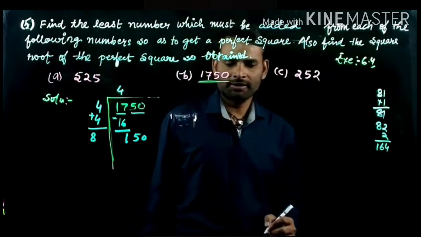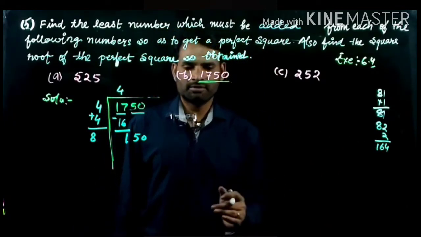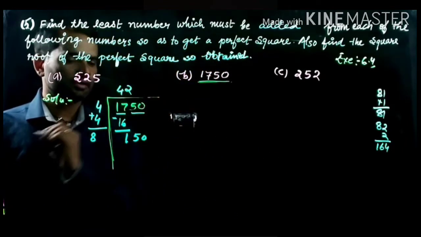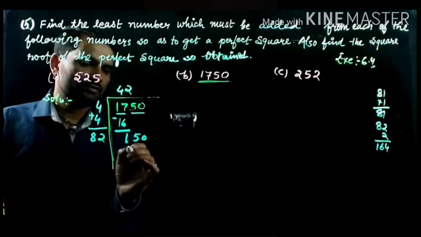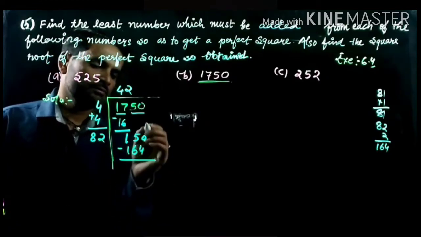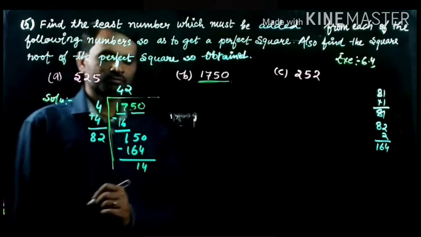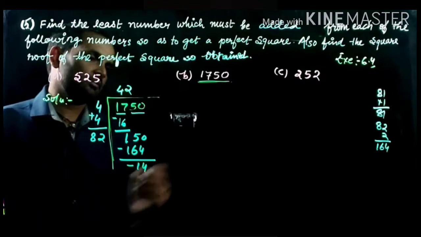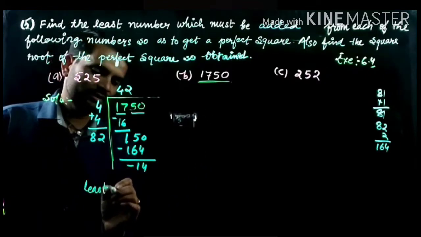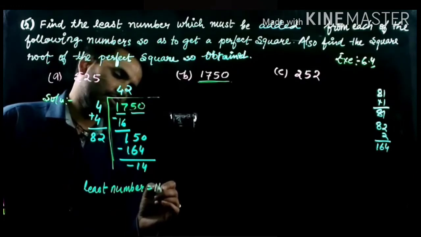164. Okay, then 164 and 150 is the next bigger number. Okay, so you write the 2 here, and 150 minus 164, and minus 14. It means the least number is 14.